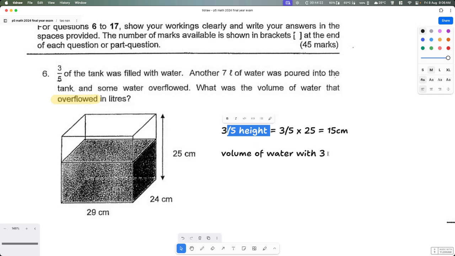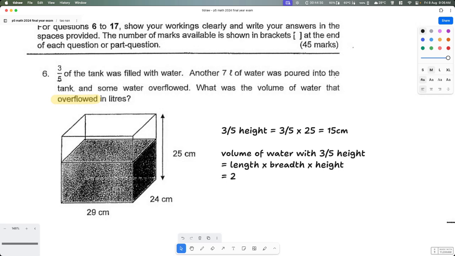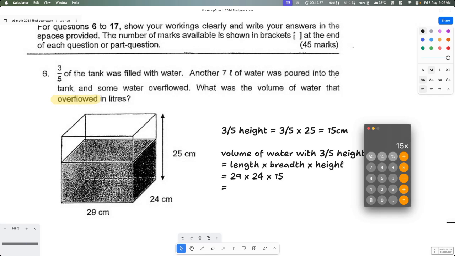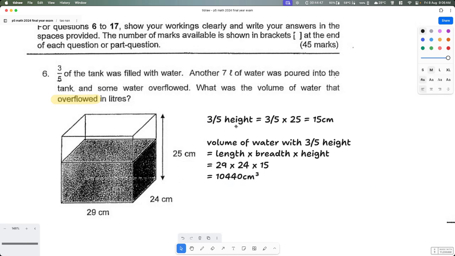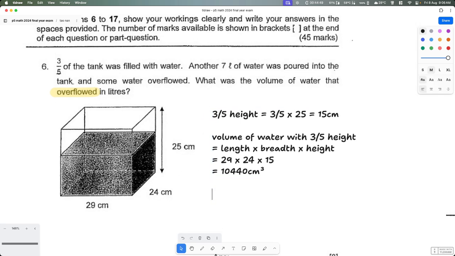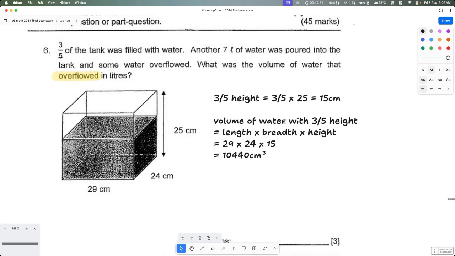equal to length times breadth times height. So length is 29 times 24 times height 15. We use a calculator, multiply 29 by 24 by 15. This is 10,440 centimeter cube. All right, so now we know this is the water that is being filled up.